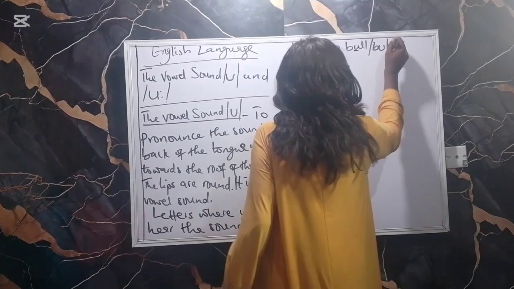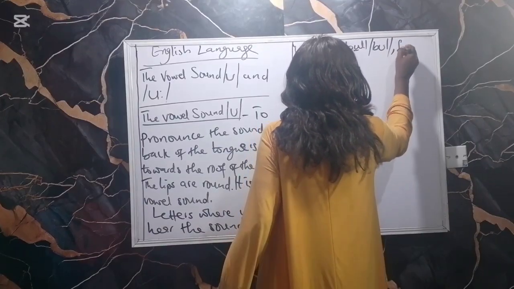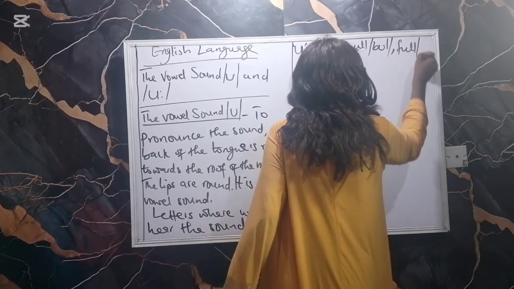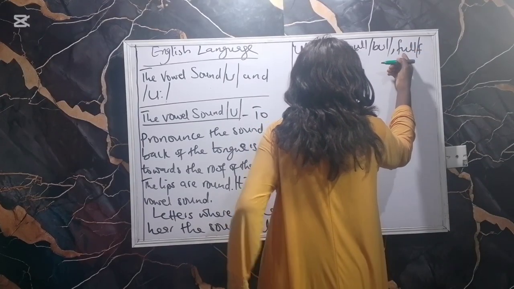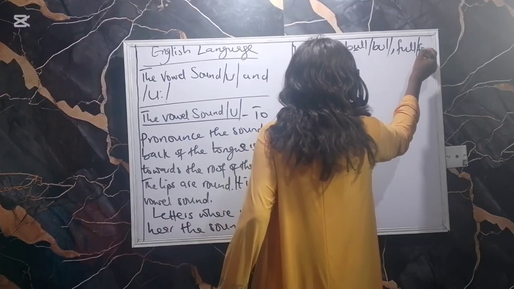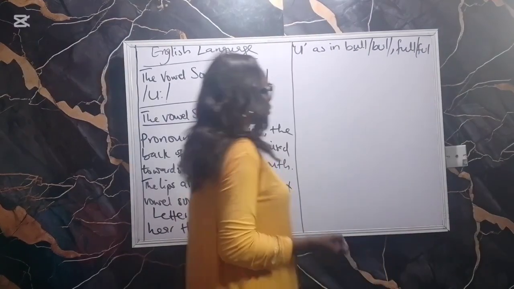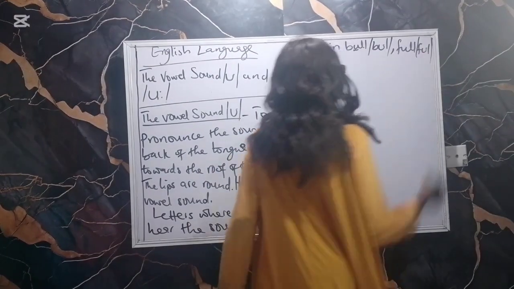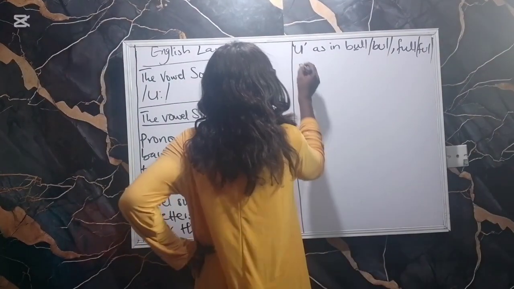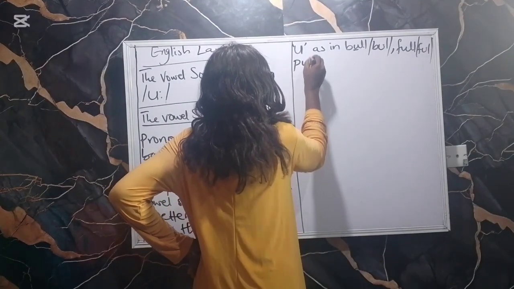That is it. Then we also have full. Where you see letter U, you put the O sound. That is how to transcribe. Then we also have pool.